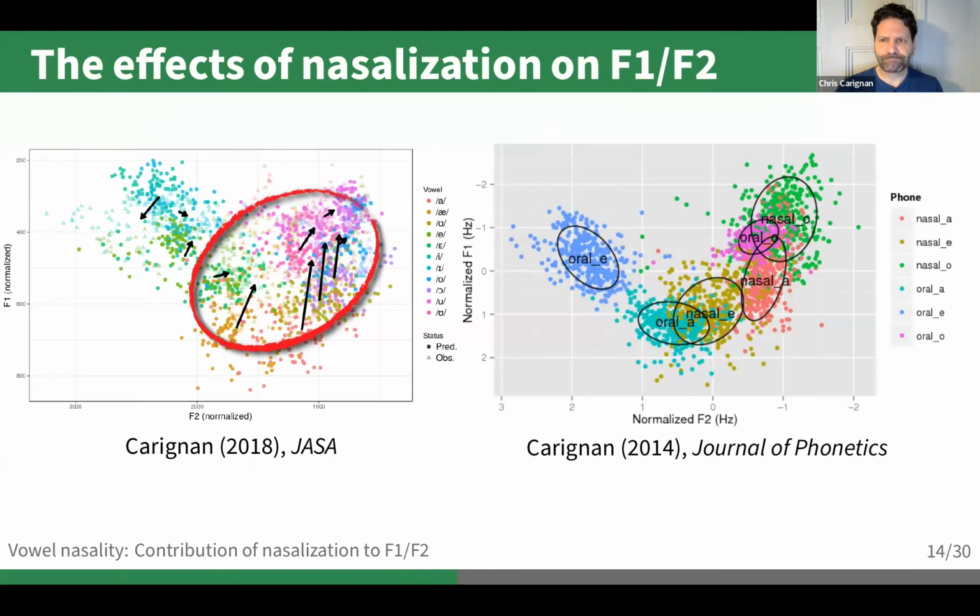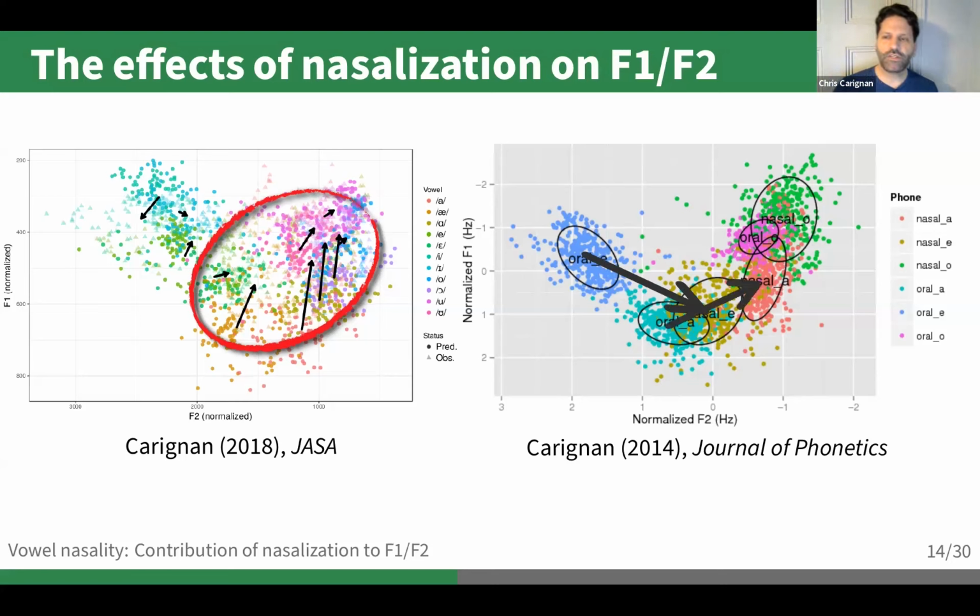And here I've got the normalized F1 and F2 values for, I think, the 12 speakers of French here. And if we do the same thing, we draw an arrow from the oral vowel to the nasal counterpart, we can see, obviously, these are hugely different, right? These are not the same underlying vowel.